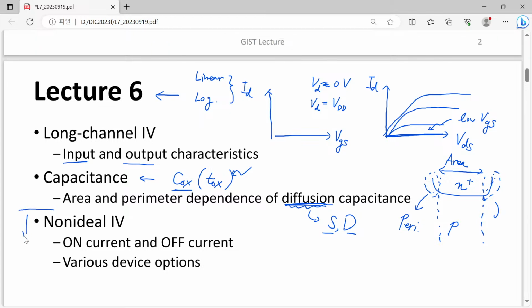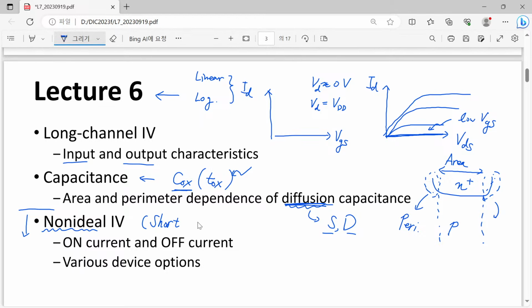After that, we have thought about non-ideal IV. When we say non-ideal IV in this course, it simply means short channel effect. So that is the most important one. Short channel effect means that at every technology we have a minimum LG value available. For example, if we are talking about 65 nanometer technology, then in this case it is more or less 50 nanometer. And where are we now?